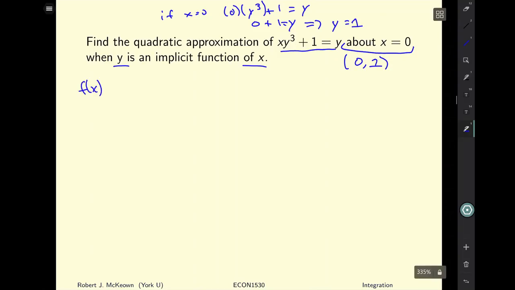So I'm writing it out in the direct function form, but we can change it around just a little bit so that we can use it with this implicit function.